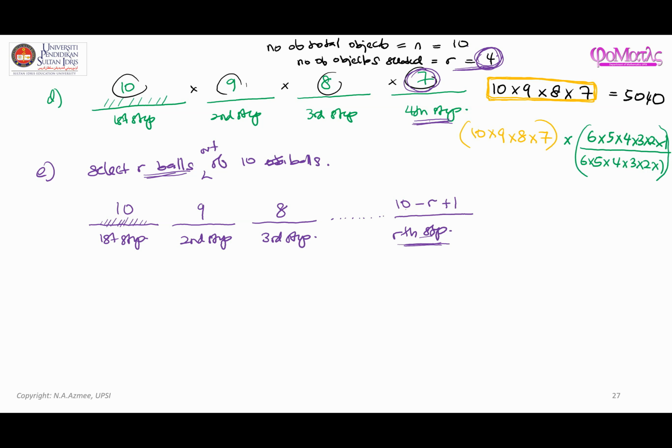So I hope you can see that when I introduce this term, I haven't changed the actual expression that I have here, because this is something like introducing 10 times 9 times 8 times 7 multiplied with 1, because here we have both similar terms that can be cancelled out and this can become 1.